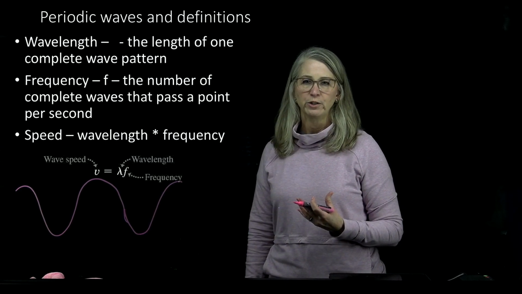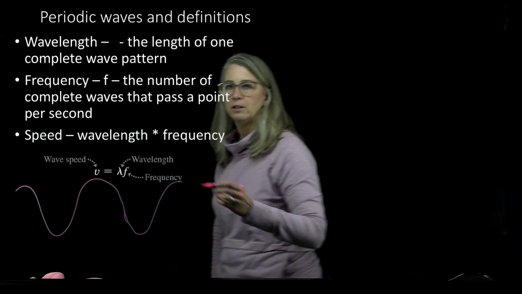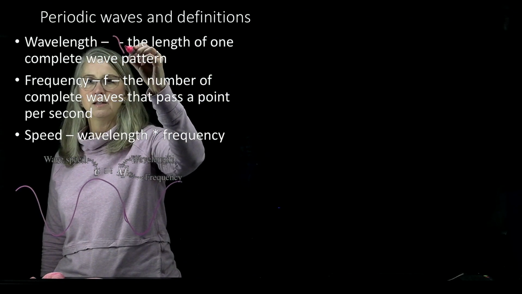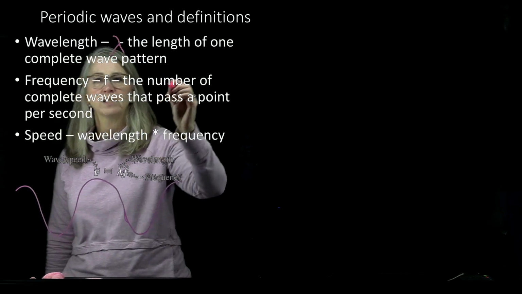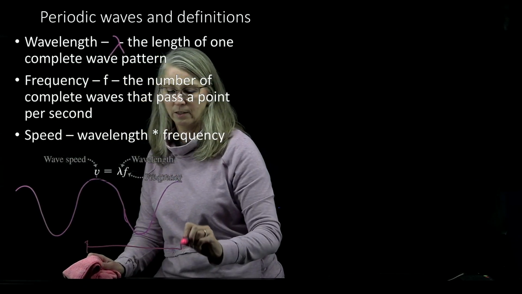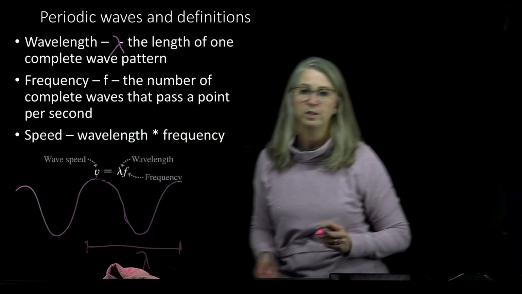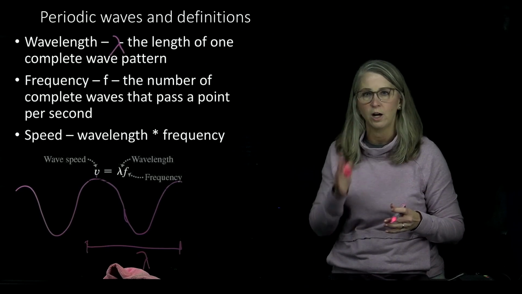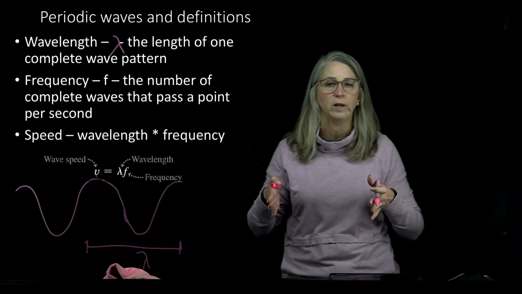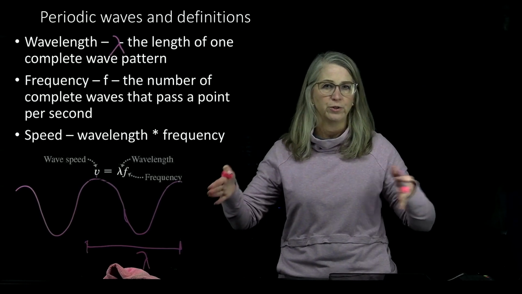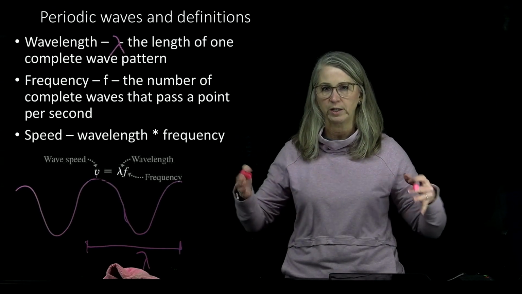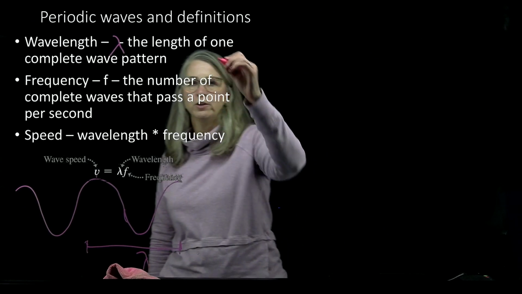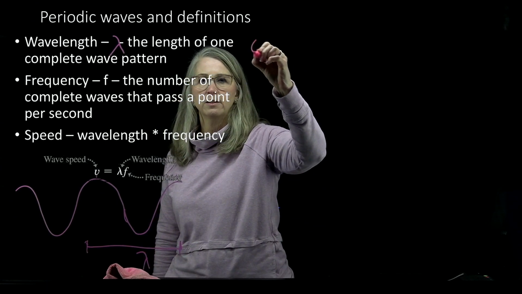The first thing that we're interested in is the wavelength, which remember we designated by the Greek letter lambda. It is the distance from here to here, from one peak to the next peak, or from one trough to the next trough. It's just the length of one complete wave pattern. I can use any points on the wave as long as I get the complete oscillation. This is going to be measured in meters because it's a distance.